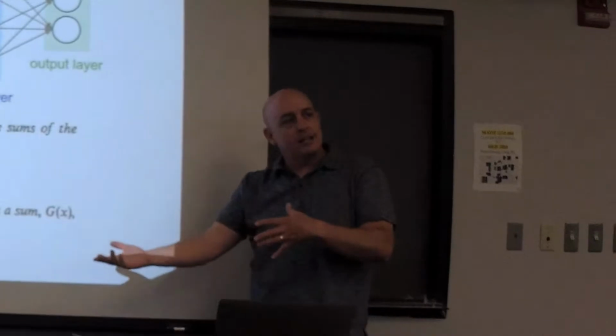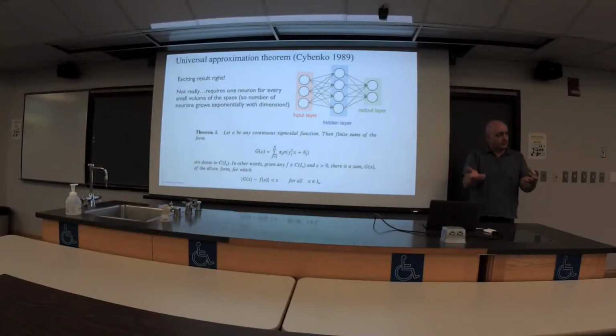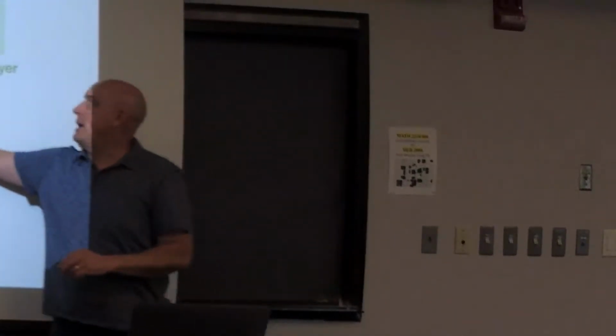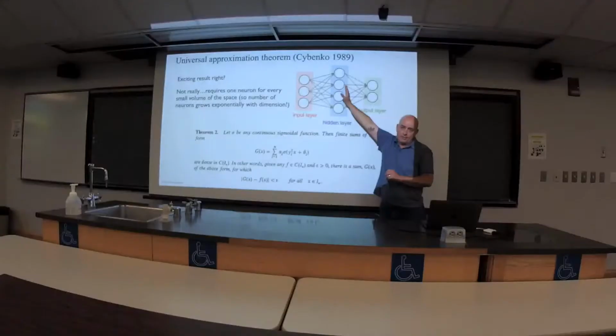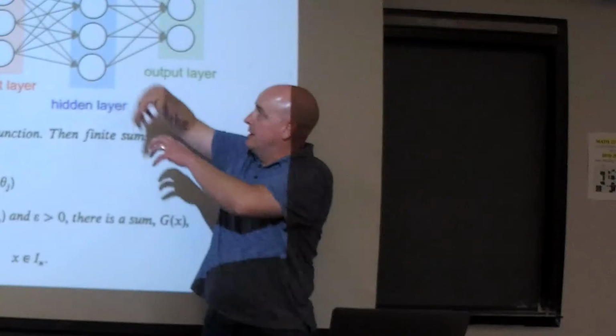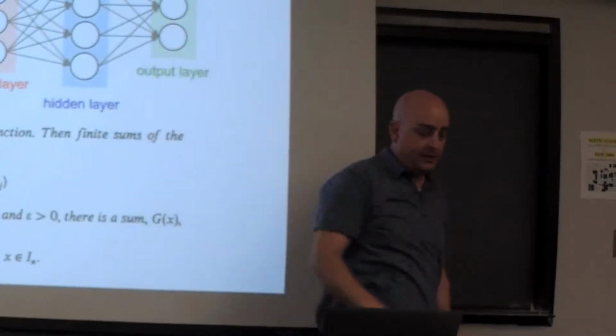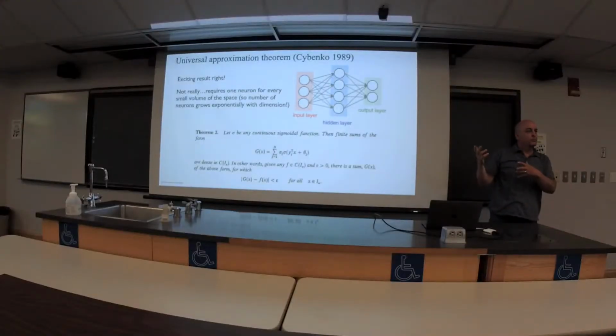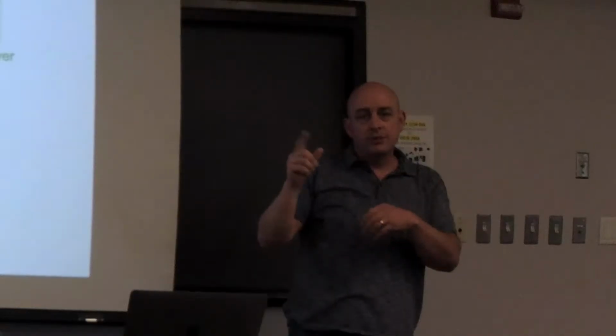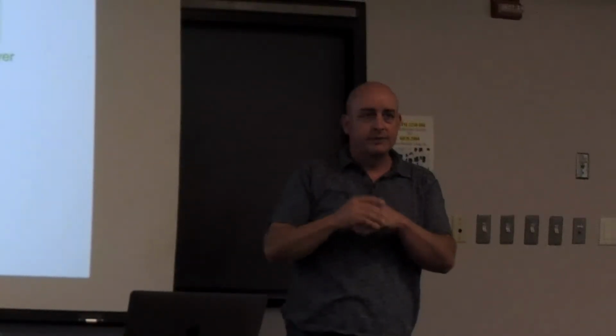So totally exciting on the one hand, a nice theoretical result, but bad practically. There are going to be way too many units here. The size of this layer is going to have to be way too big for it to be practical for us to just learn a bunch of single layer neural networks.